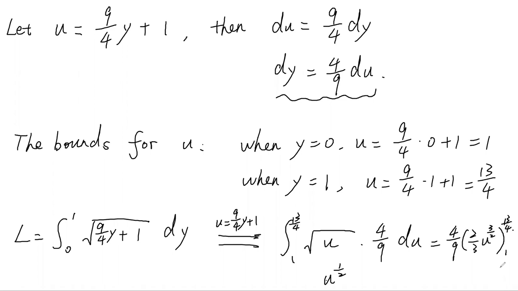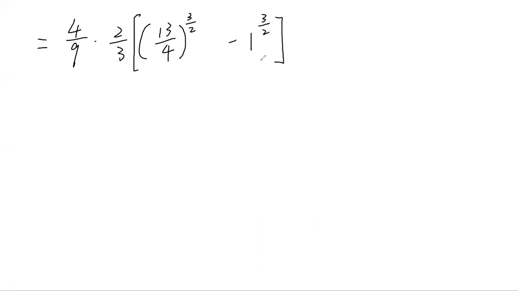And then this guy, once you plug in both endpoints, you get 4/9 times 2/3 times 13/4 to the 3/2 minus 1 to the 3/2, and it's equal to 8/27 times 13/4 to the 3/2 minus 1.